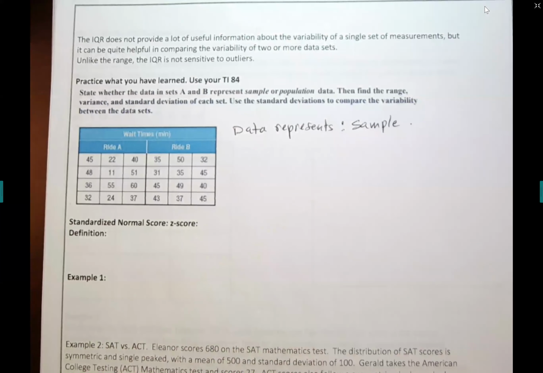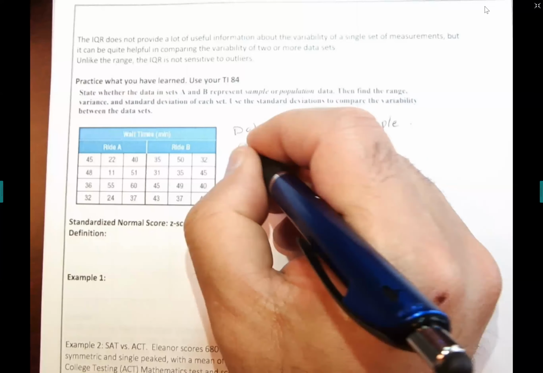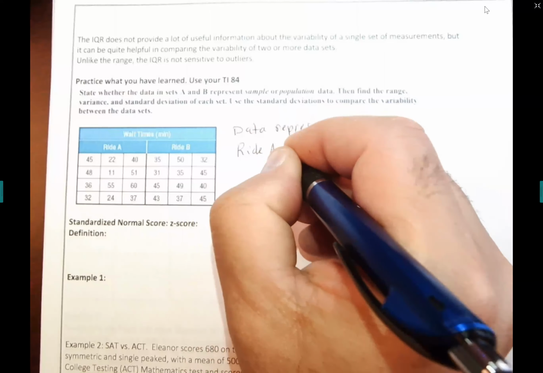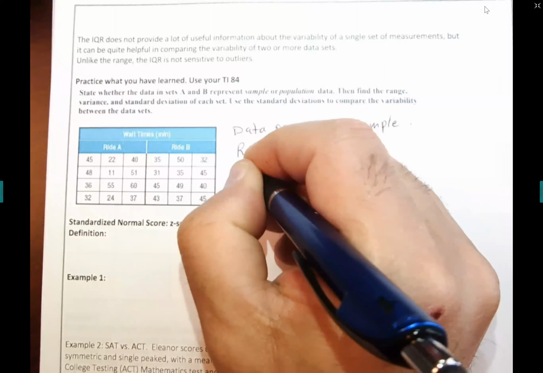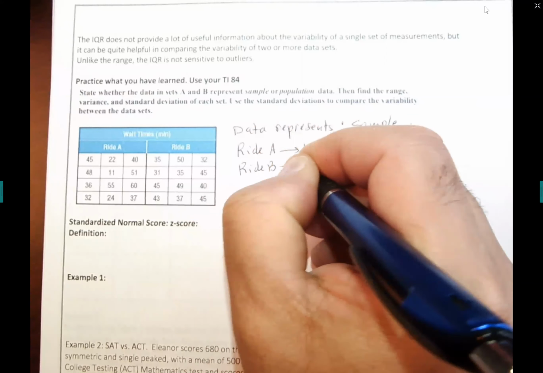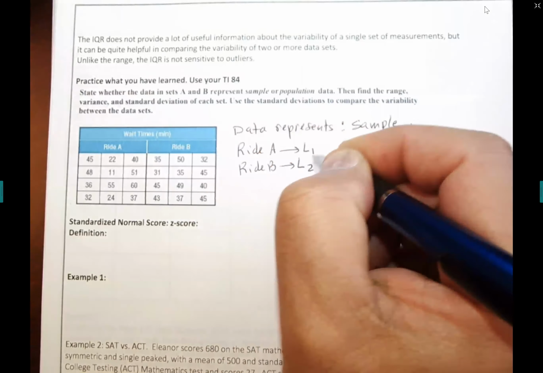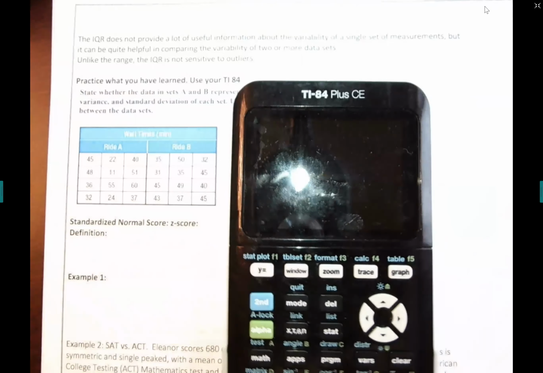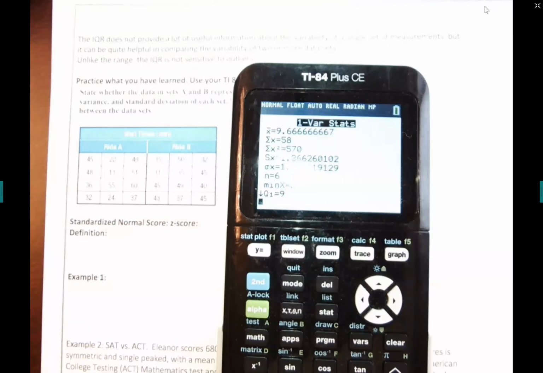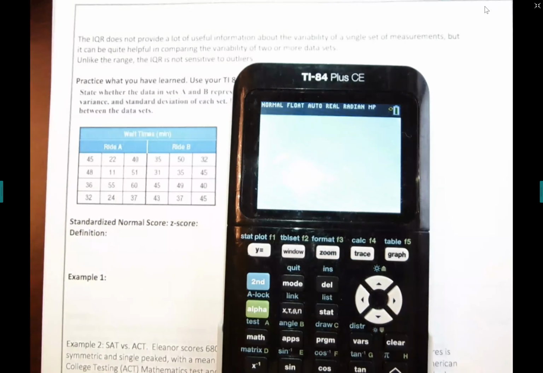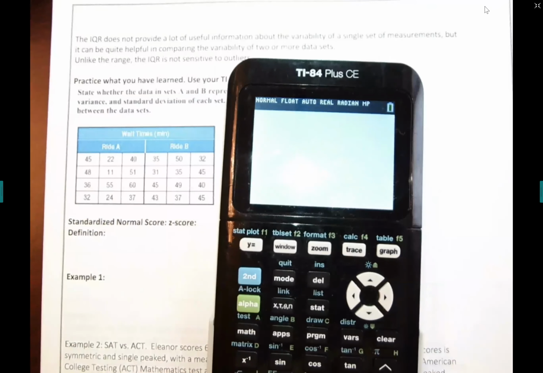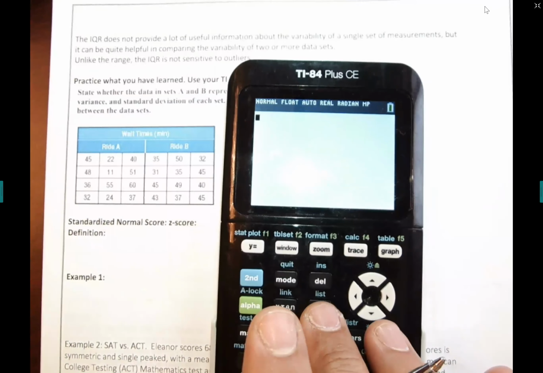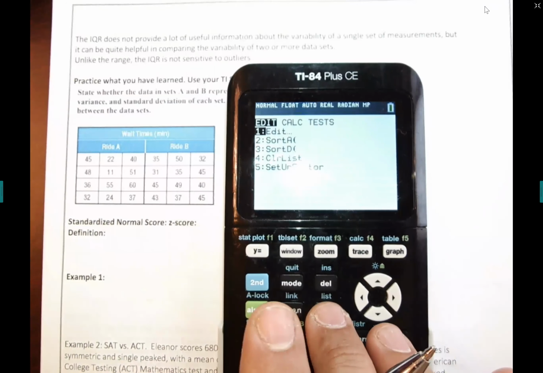We use samples. Okay, what I'd like you to do, guys, is put the data from ride A in L1, and put the data from ride B in L2. And to do this, I'm gonna demonstrate that on the calculator. Turn it on. I'm gonna clear this screen. It should look like this. Go to stat right here. Edit.